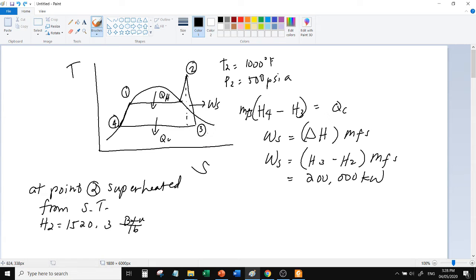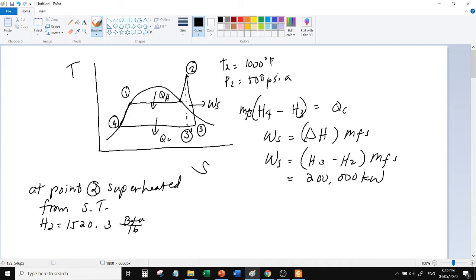We have no idea. So what we can do is assume isentropic expansion. So how? It's a straight line. Oops, not a straight line. This is the dot. Straight line, yeah, that's the isentropic expansion. Let's label this as 3'.